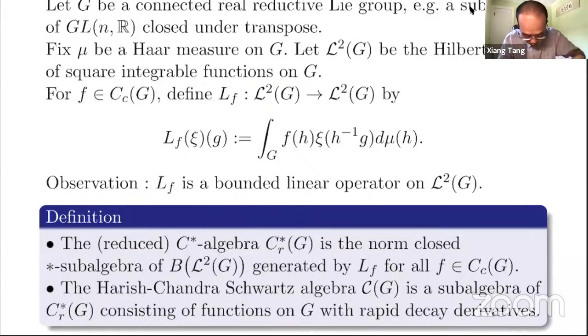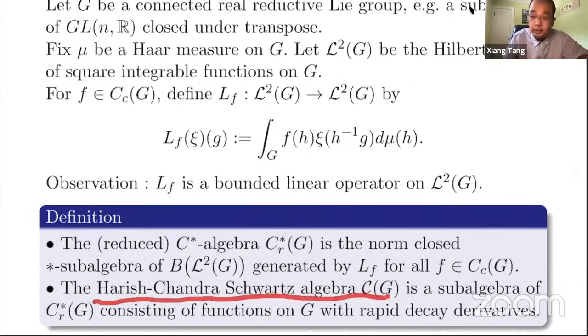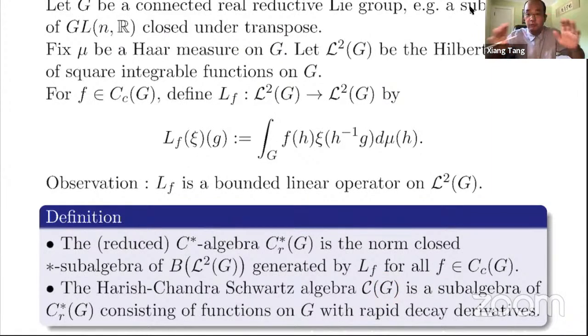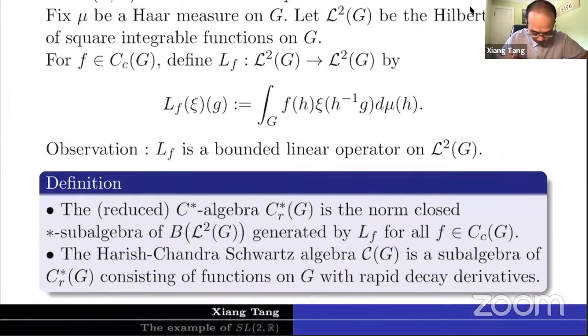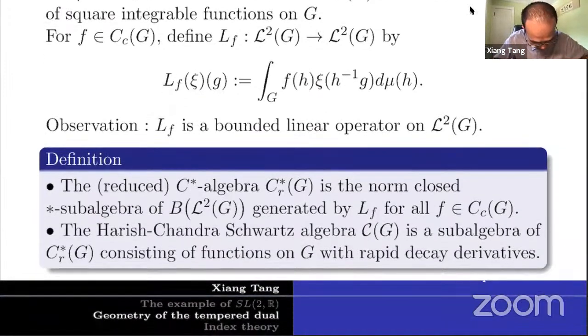Since we're interested in geometry, we are interested in smooth functions. That's the so-called Harish-Chandra-Schwartz algebra, a class of functions on G whose derivatives have rapid decay. They decay very fast. So those are the algebras that will be interesting in this development.